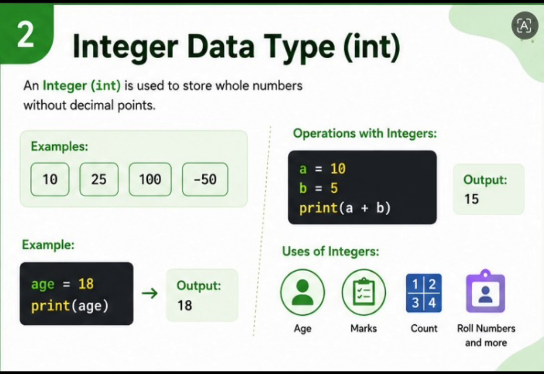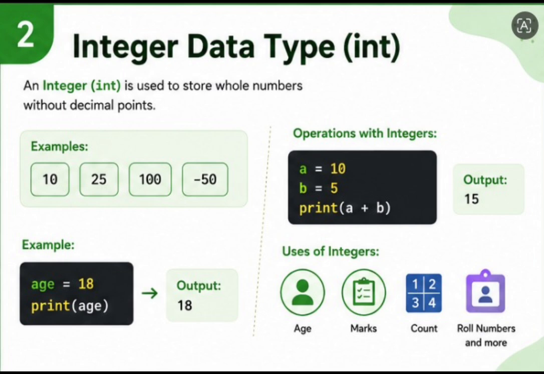For example, if we write age = 18, age is our variable, and 18 is the integer value stored inside it. Because integers are numbers, you can perform normal math operations with them. Look at this code given in the slide. When you run this, Python adds the value of a and b together and gives the output as 15.